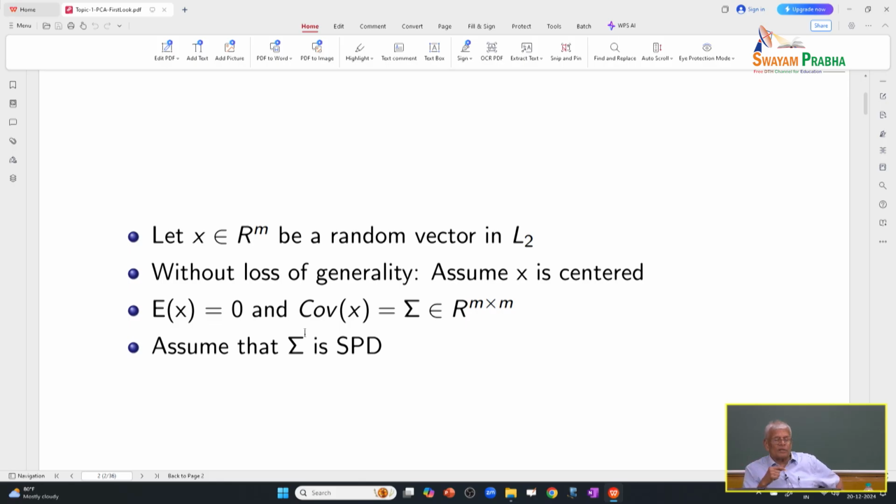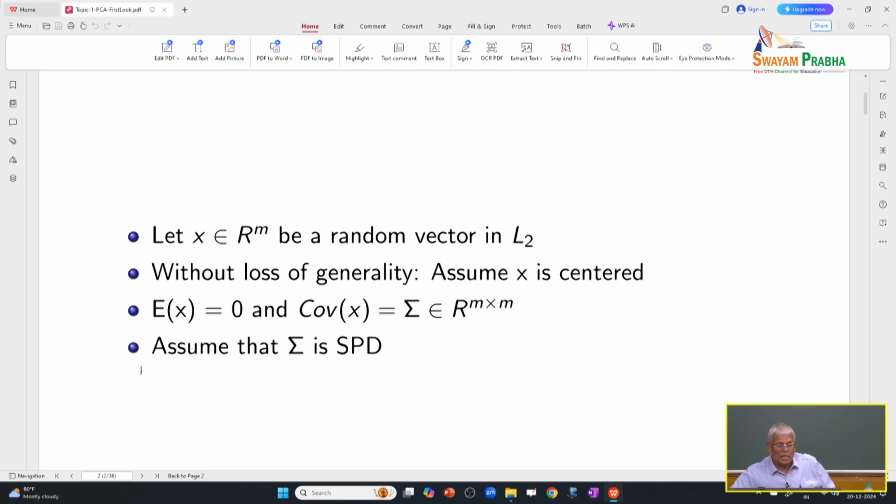If you call a random variable and the variance is 0, it is no more random, it is deterministic. So, sometimes mean is a nuisance. I have to subtract the mean in many calculations. So, to start with, I can assume I have data where I have subtracted the mean. If I have subtracted the mean, what does it mean? I have centered the data. I have a set of data that is already centered.